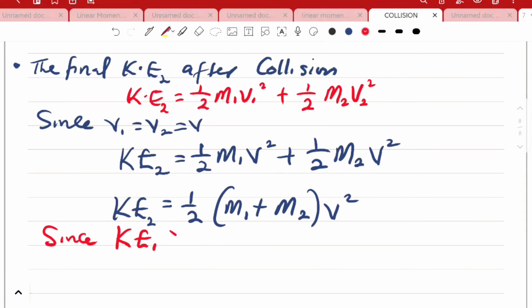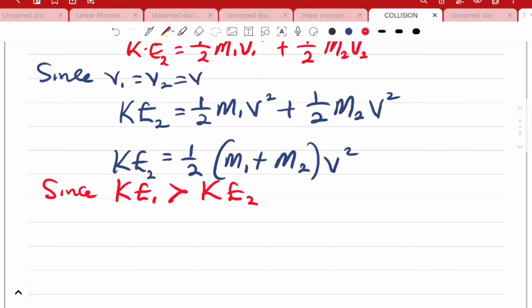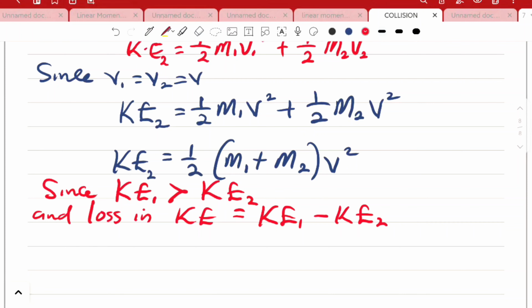Now, KE1 is greater than KE2, the reason is because it is M1 that has the initial velocity. And once they collide, the velocity begins to die down. Is that clear? And it will now depict loss in kinetic energy. So loss in kinetic energy is equal to KE1 minus KE2. Is that clear? Because KE1 is greater than KE2.